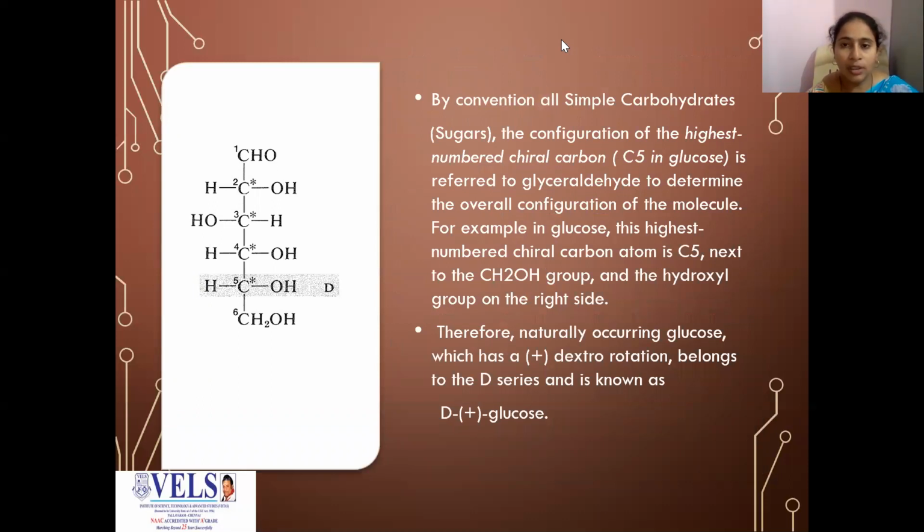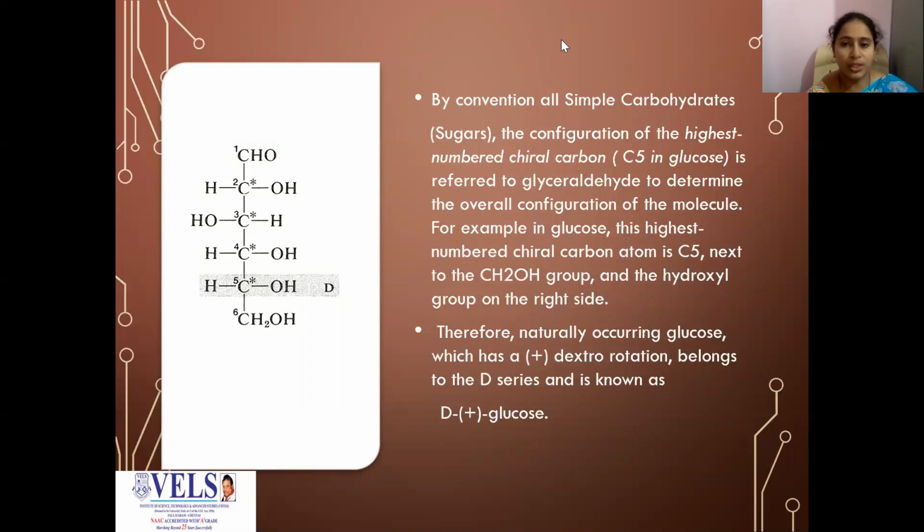All the simple carbohydrates can be given the configuration based upon these Emil Fischer rules, that is, relative configuration. The configuration of the highest numbered chiral carbon in all simple sugars is considered for giving the nomenclature. Here, if you see the C5 in glucose, that is also called the last but one carbon, or the carbon next to the CH2 group.